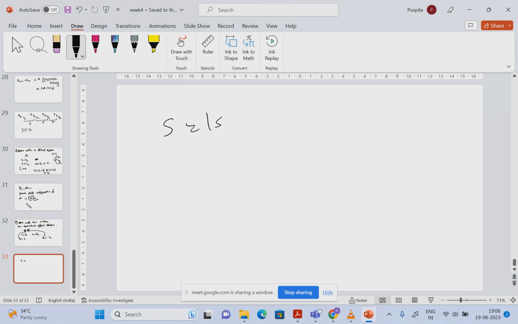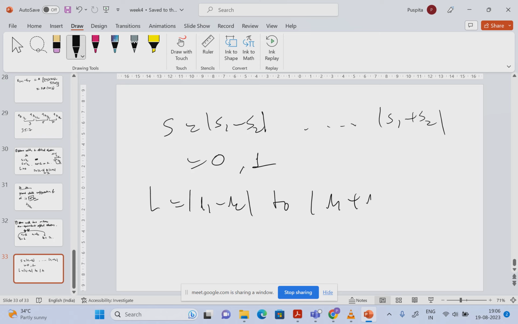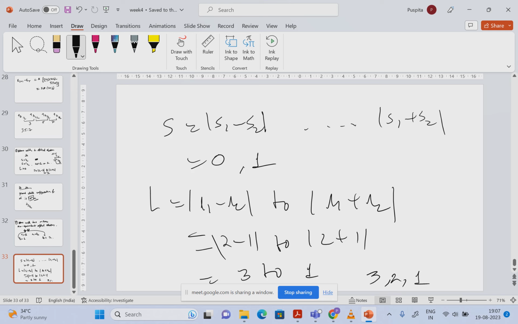So S goes from S1 minus S2 to S1 plus S2, so it is 0, 1. And L will be L1 minus L2 to L1 plus L2, so that will be 2 minus 1 to 2 plus 1, so the combination will be 3 to 1.